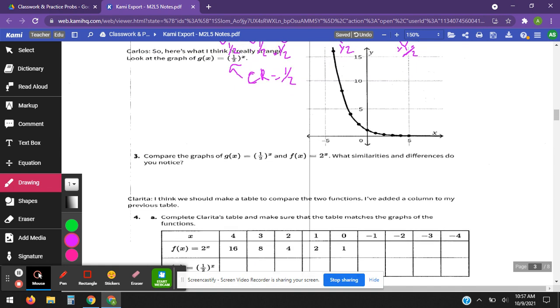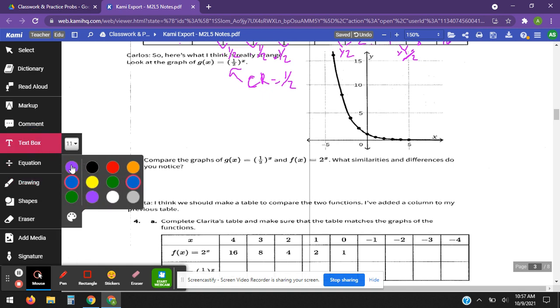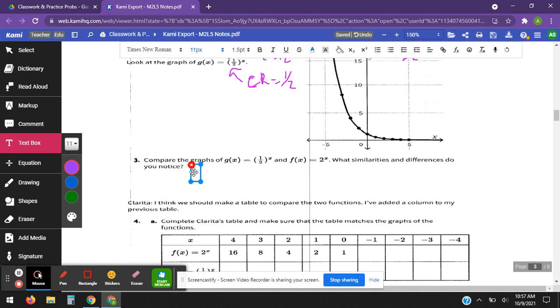So notice here's what the graph looks like compared to the other one. If we compare the two graphs, what do we notice? Well, I notice that it's a reflection over the y-axis compared to the other one. The other one went up from left to right. This one is going down from left to right.